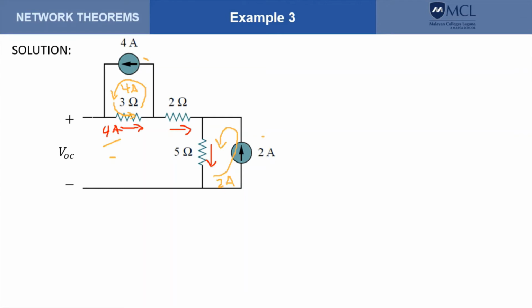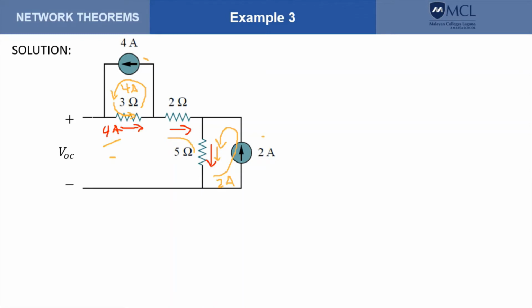For the 5 ohms, we also determine the loop current that passes through the resistance, and we notice that the loop current that passes through there is also the loop current, 2 amperes. There's no other loop current on this side because the loop current there is 0.